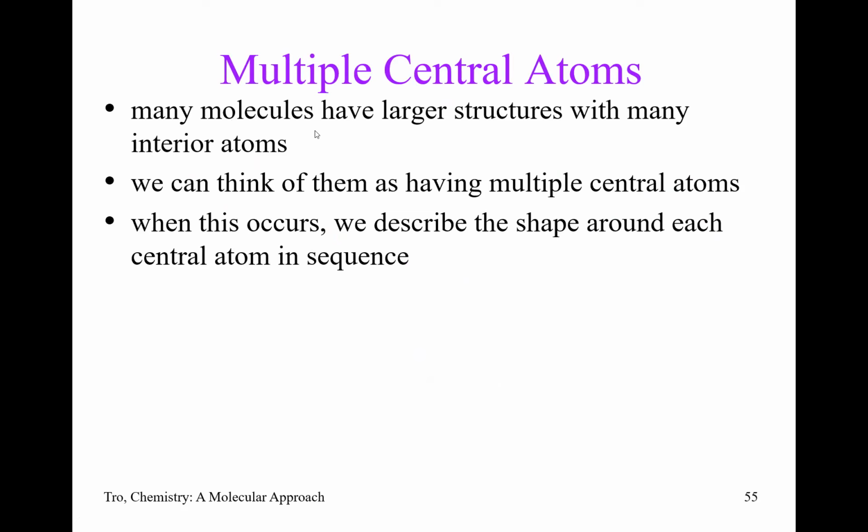But vitamin C, nicotine, caffeine, you name it, amino acids, everything is a combination and a building up of these individual carbon, nitrogen, oxygen things. And each atom then becomes your central structure, but they attach to one another and they build up, right? So you can think of them having multiple central atoms. You describe the shape around each one.